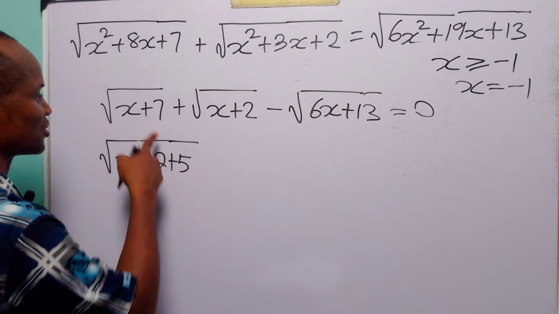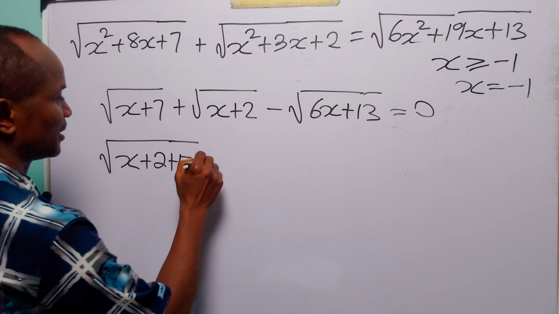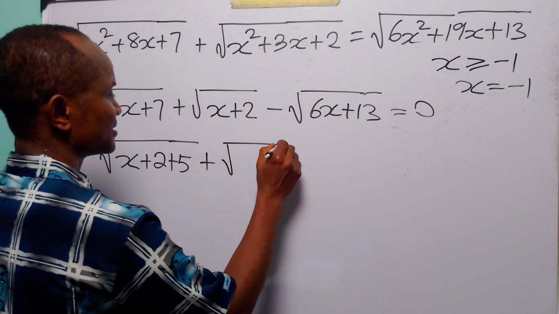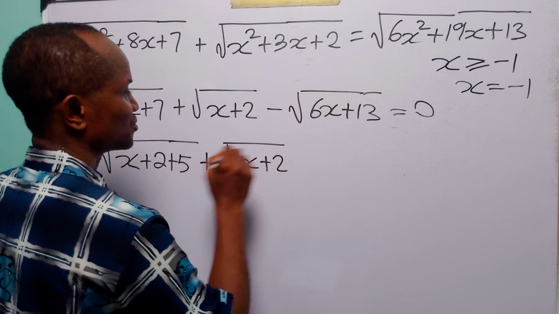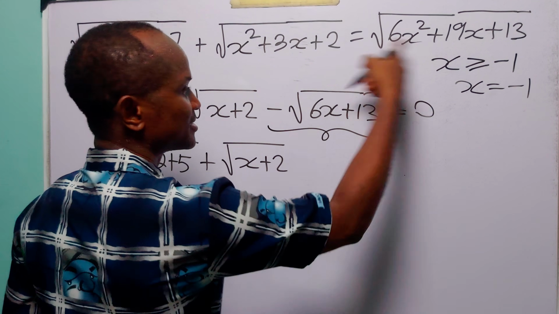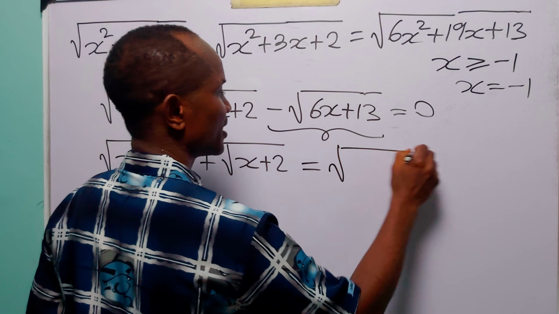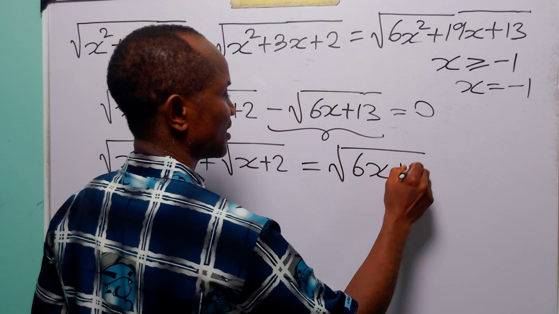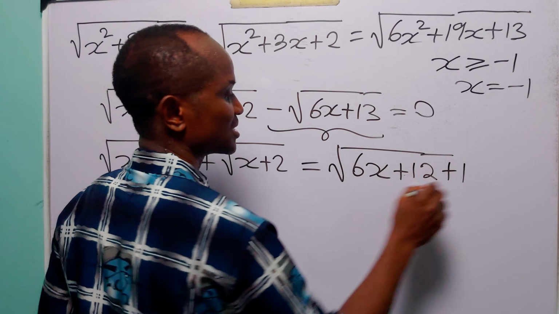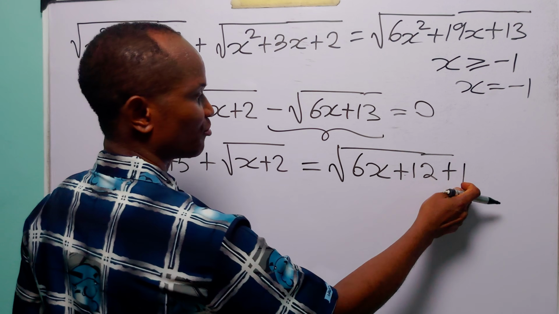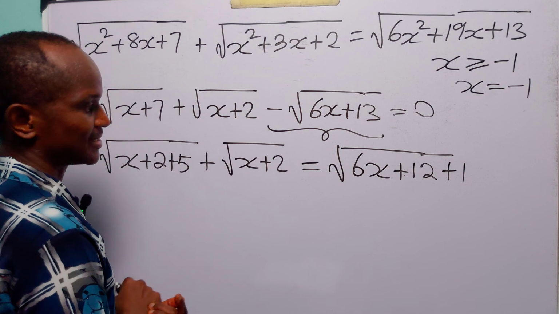Of course, you know that 2 plus 5 is equal to 7. This remains the square root of x plus 2. Let us move this over to the right hand side. When we do that, we have the square root of 6x plus 12 plus 1. You know that 12 plus 1 is equal to 13.